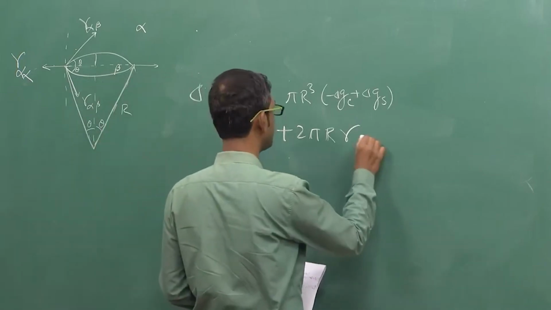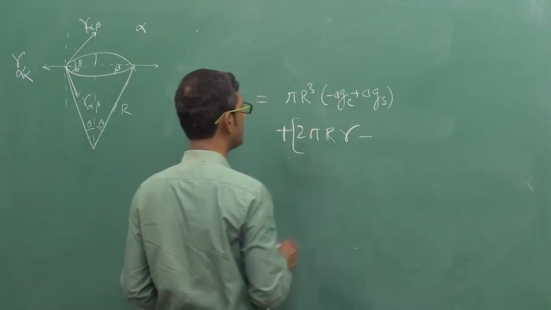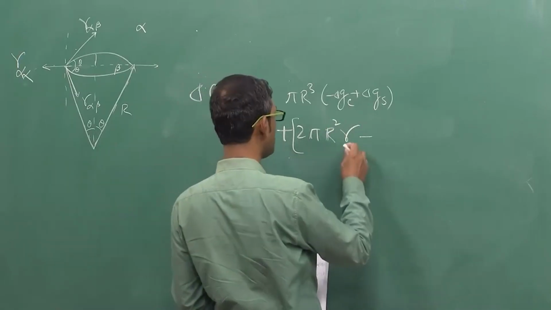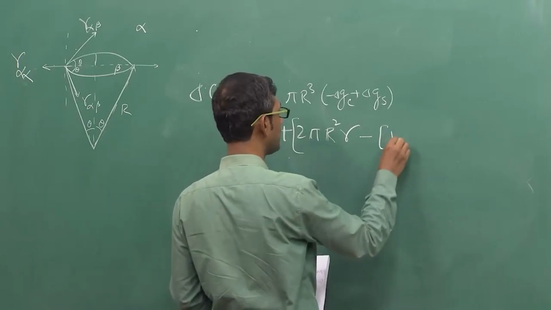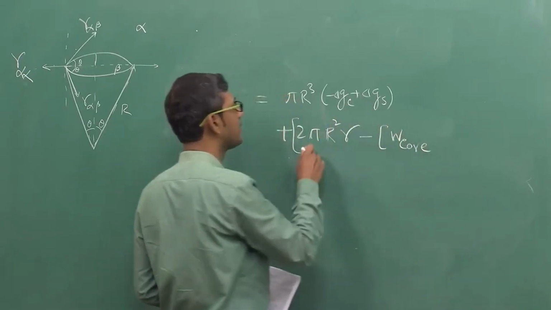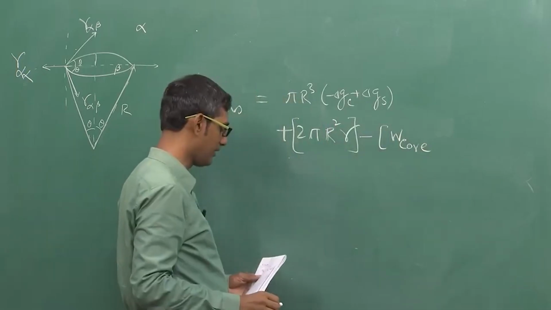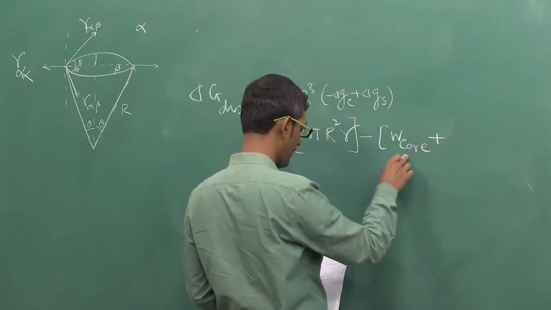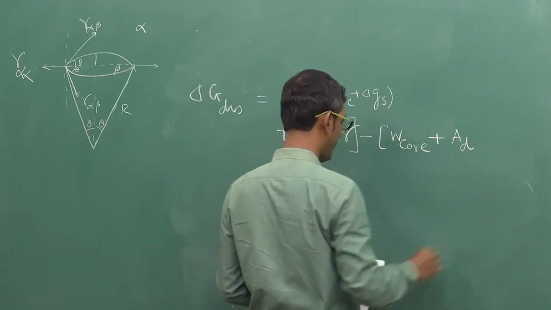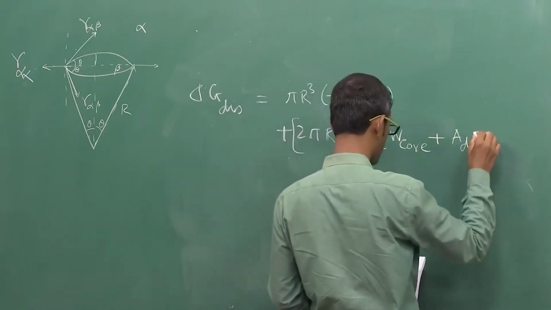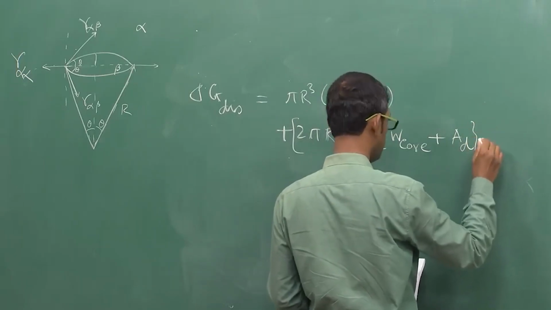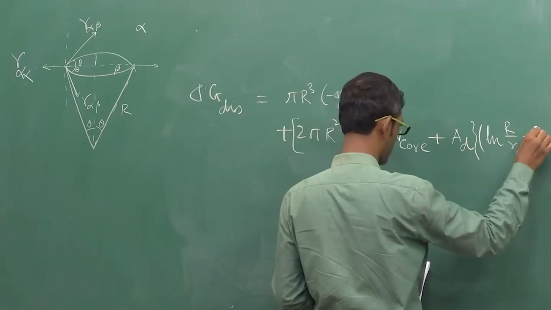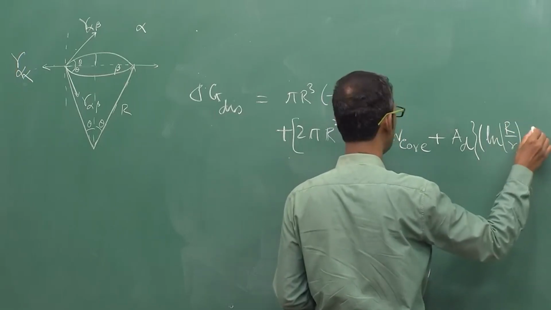minus, this is basically your twice pi r square. This is because of the interfacial energy gamma between the dislocation core and this crystal; this is the energy gain, remember. And what is the energy loss? The energy loss is basically related to W, the core energy of the dislocation, multiplied by AD, the surface area of this dislocation core, times log of R by R0 minus 1.